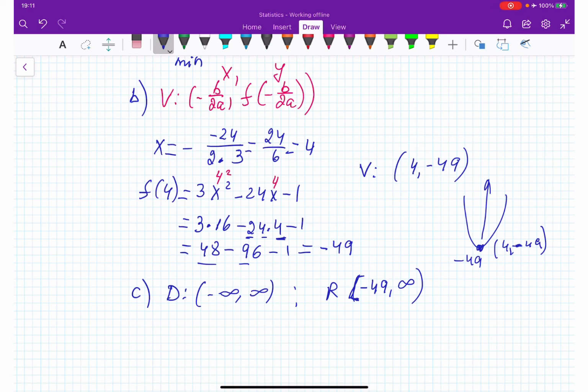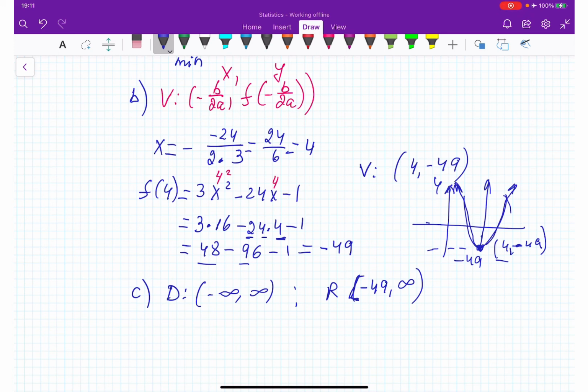Okay? Now you might ask, why don't you do the same with the domain, from 4 to infinity, and so forth? The thing is, if this is our y, see, x is going all the way to infinity.